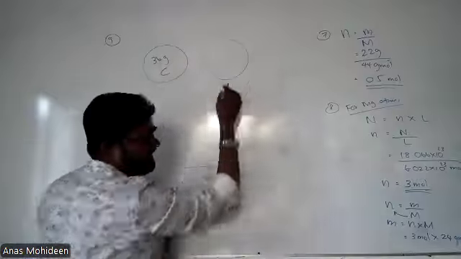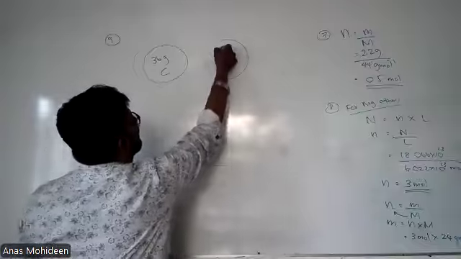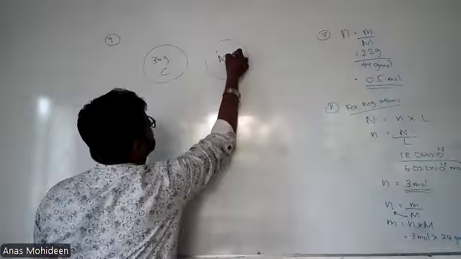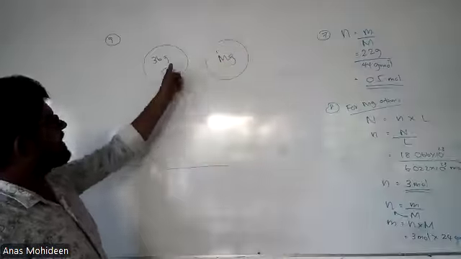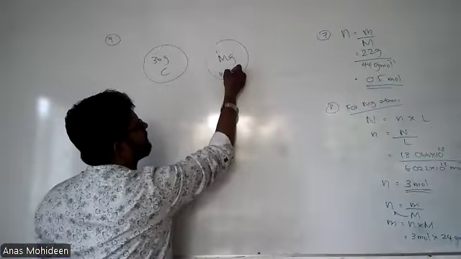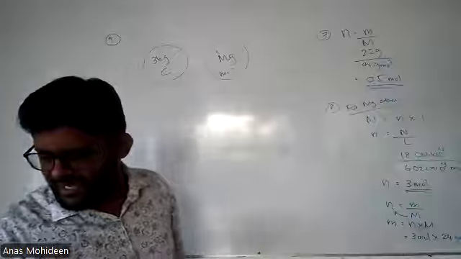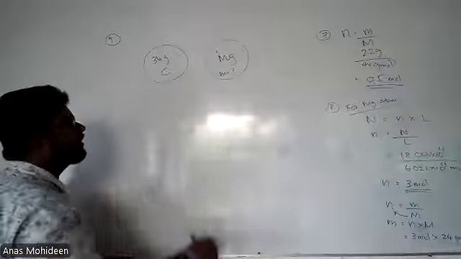And the other one contains magnesium, but we don't know how much magnesium is there. Right? One is carbon, the other one is magnesium. The mass of magnesium we don't know. But it says both of them have the same number of moles, right?